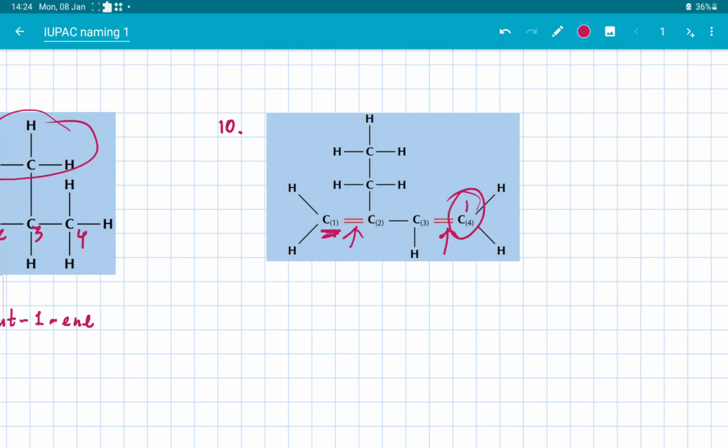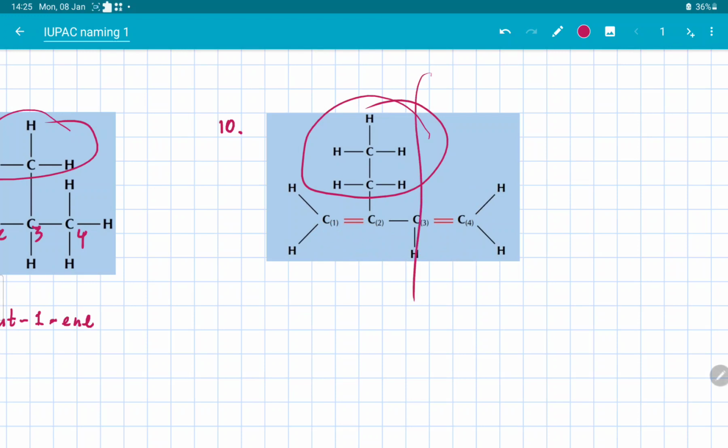So what takes the second priority? It is the branch now. We must count closest to the branch at carbon 2. The branch is closest to the left-hand side, hence carbon 1 there.